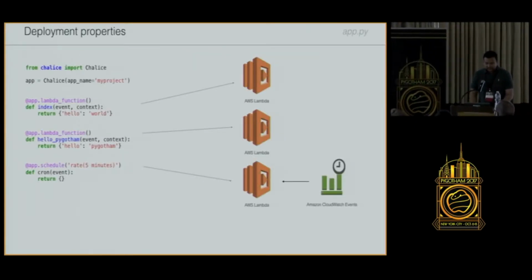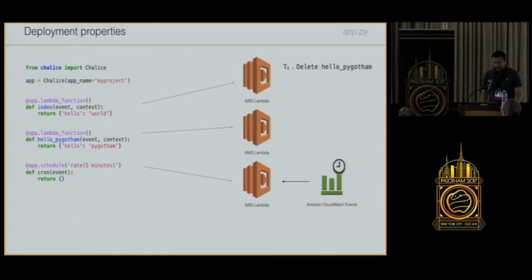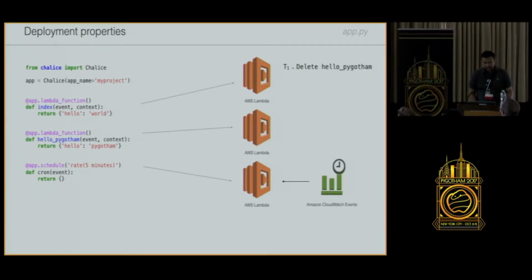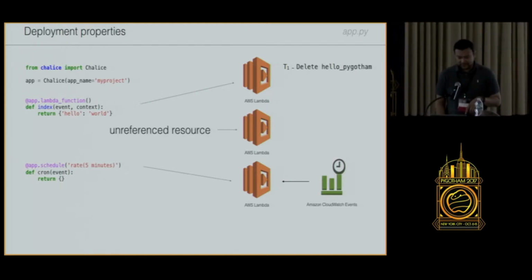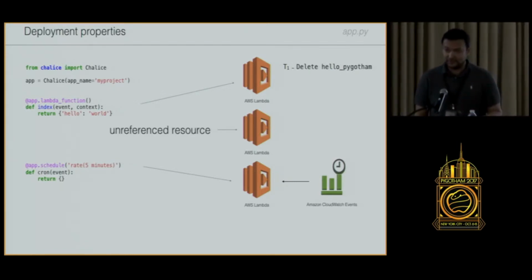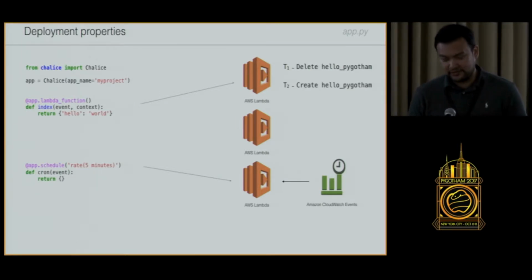So here's one. Let's say this is the current state of the world. I have three resources here, the Lambda functions on the right-hand side. And so at time T1, we're going to delete a function. So we go ahead and delete it. And then in our deploy command, let's say we update our internal state to delete the function, but we forget to actually make the delete API call. So we have this resource that's unreferenced, right? And so let's say at time T2, we say we want to create the function again.